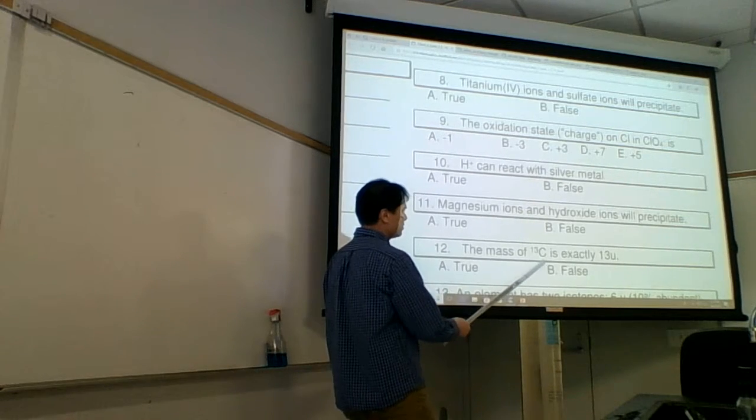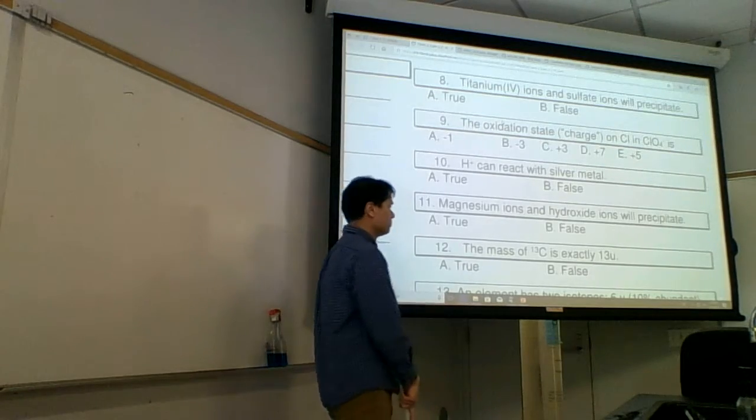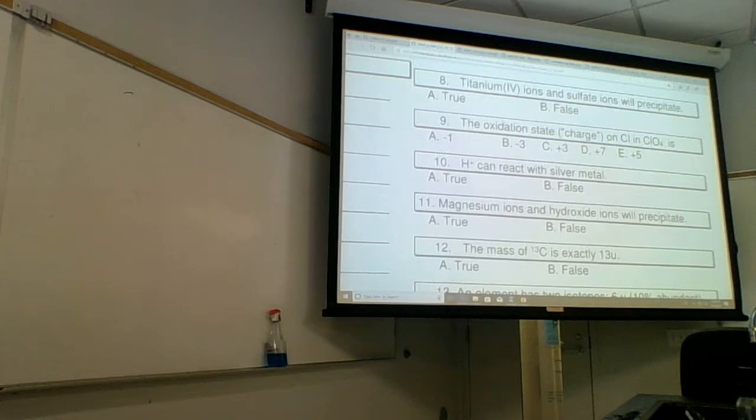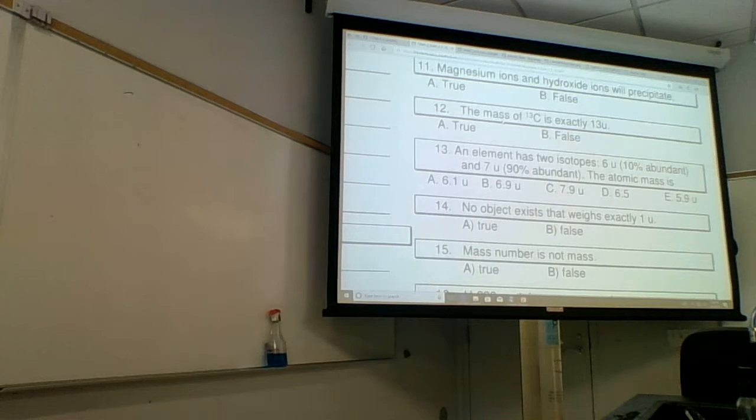12. The mass of carbon-13 is exactly 13 U. That you have to have memorized. The mass of carbon-13 is exactly 13 U would be true or false?